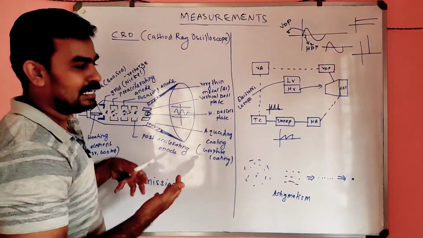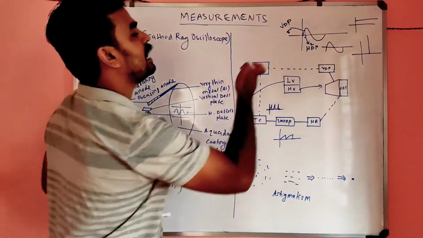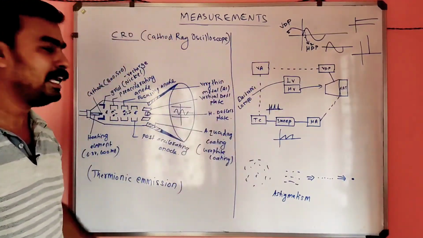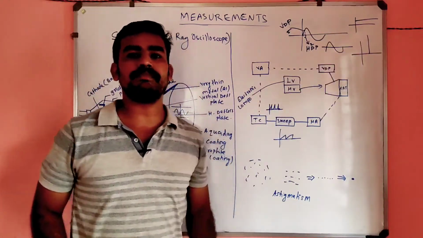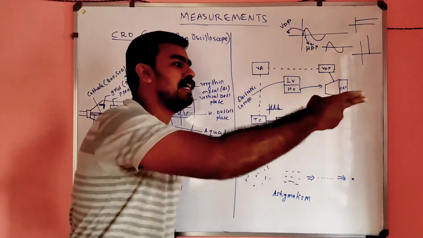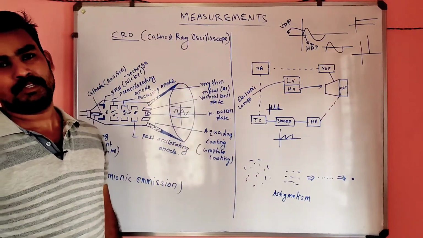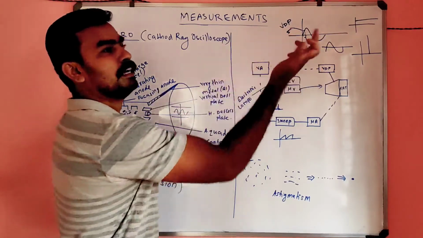A slight movement will be given to the electron, and that slight movement will be projected, fired like a bullet into the screen. So a dot will be there on the screen due to the deflection.